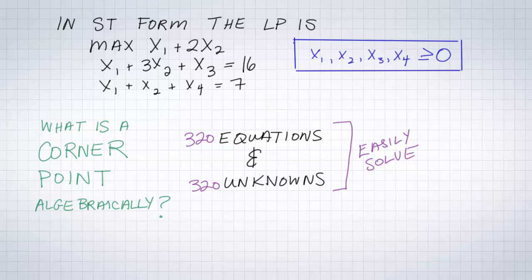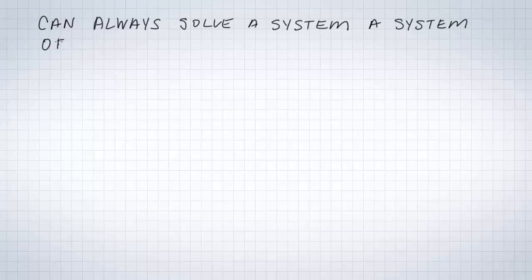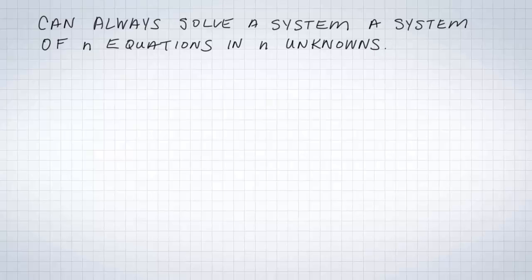In general, we can always solve a system of n equations in n unknowns, assuming some conditions apply. But usually, if a system is well behaved, you can always do that.